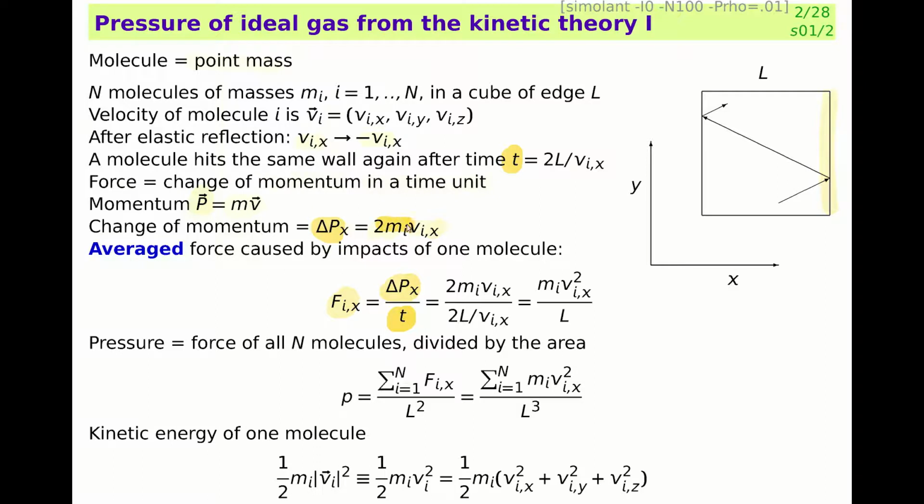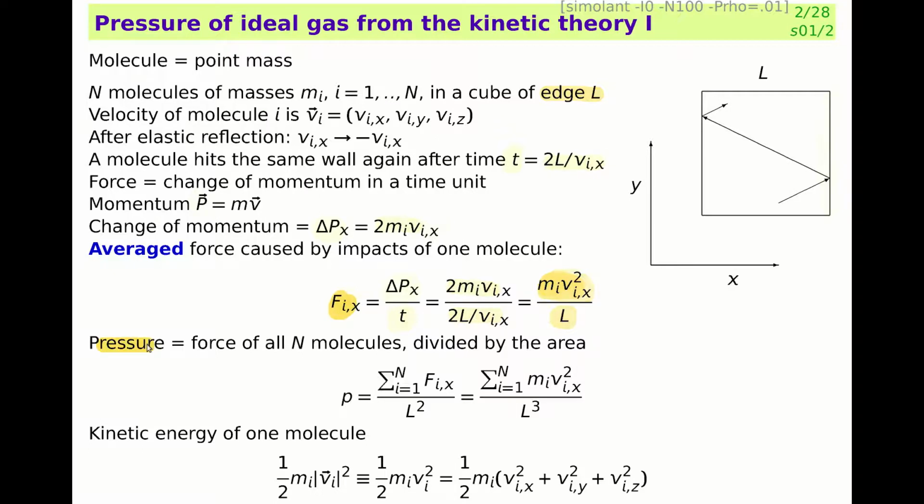So I put all this into this formula, and what I get is mass times the velocity squared divided by L. This L is the edge of our cube. If it looks a bit like the kinetic energy, you get it correctly. But let's proceed. We have force.